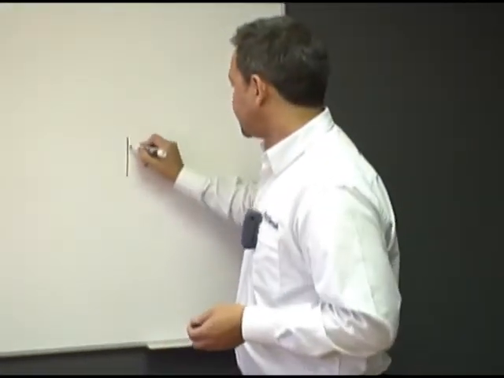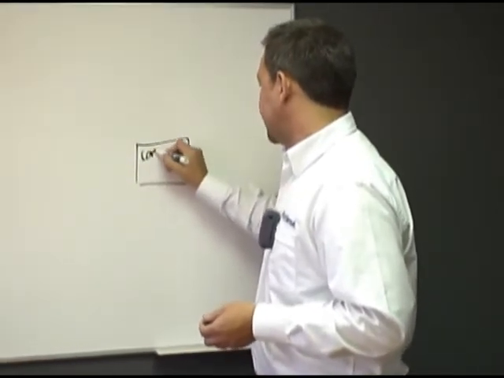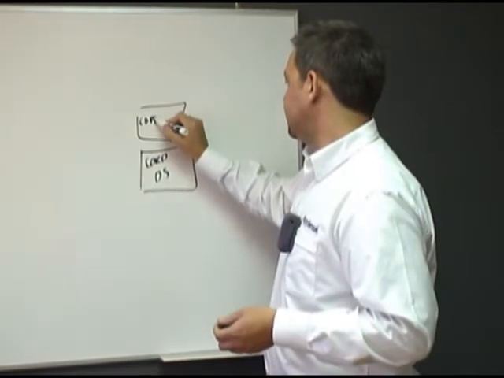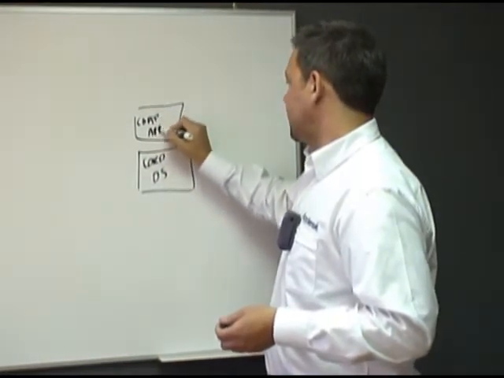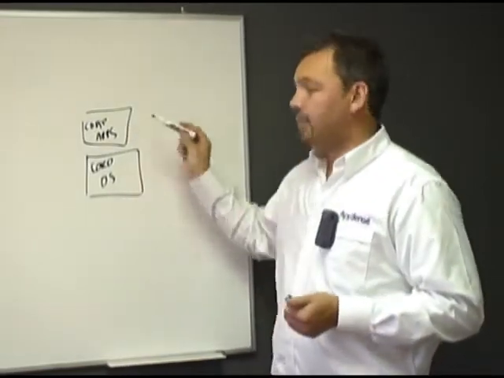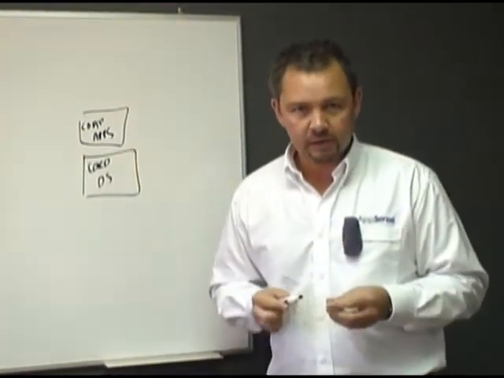So let me just go to the whiteboard. Let me just show you what I'm talking about. A corporate operating system and a corporate set of applications are extremely cheap to manage, much cheaper than if they are personalized and distributed around the world, okay?